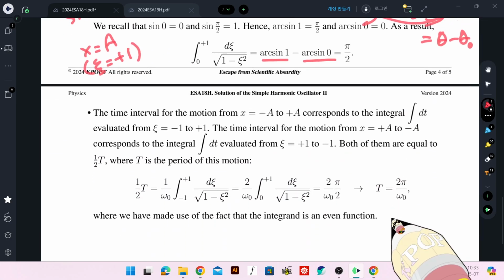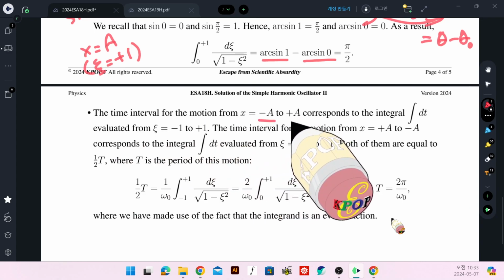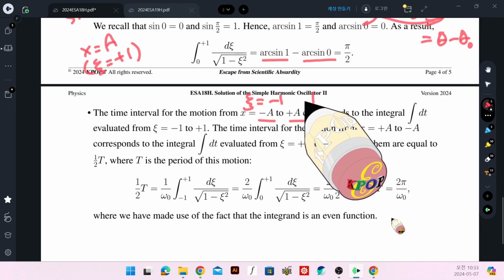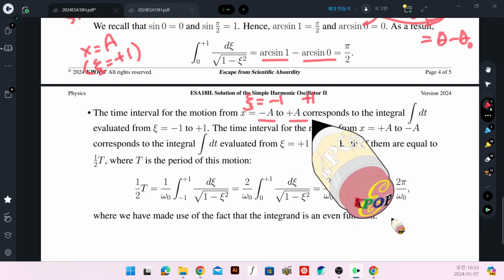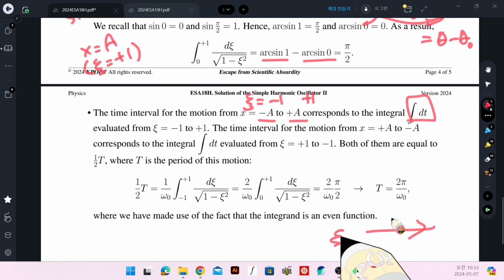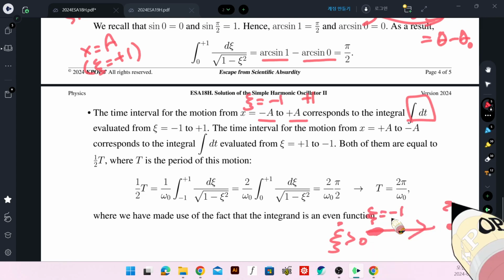From this relation, the time interval for the motion from minus a to plus a, then xi equals minus 1 to plus 1, corresponds to the integral of time with the value xi dot positive. So xi equals minus 1 to xi equals plus 1.